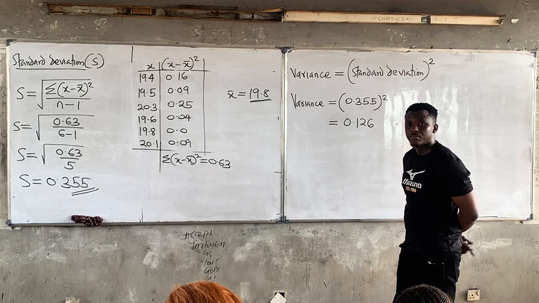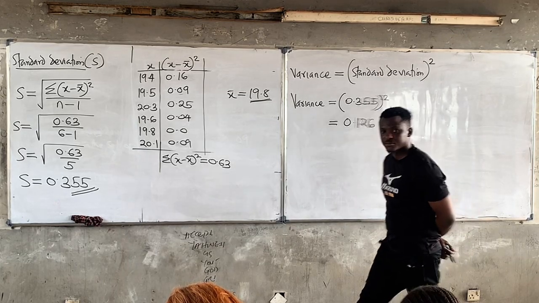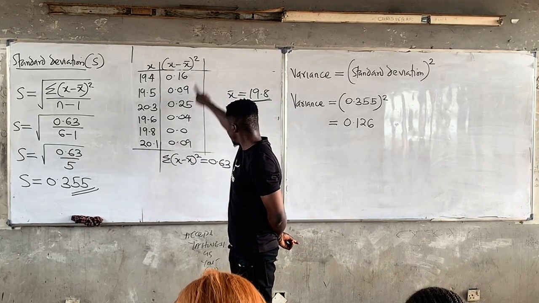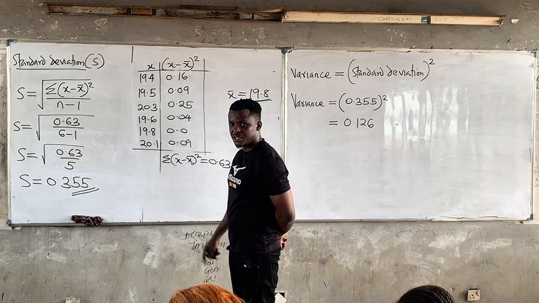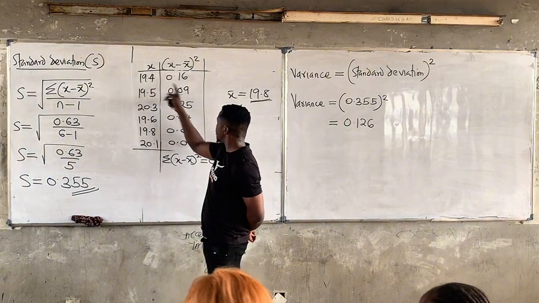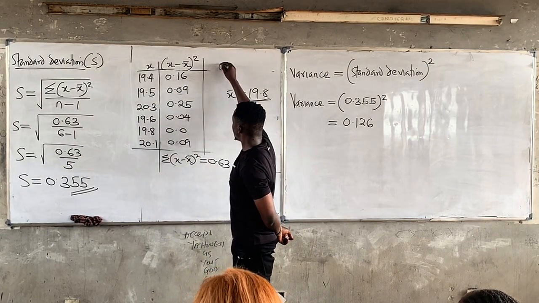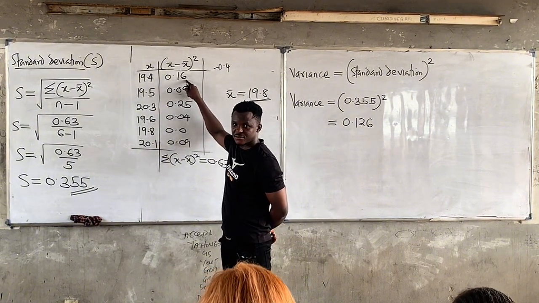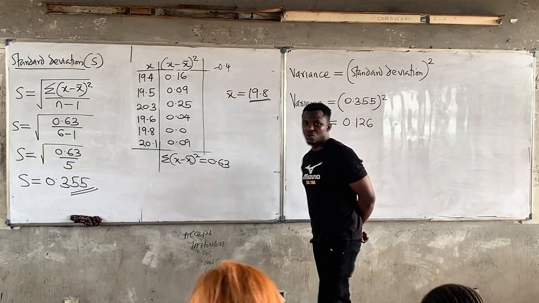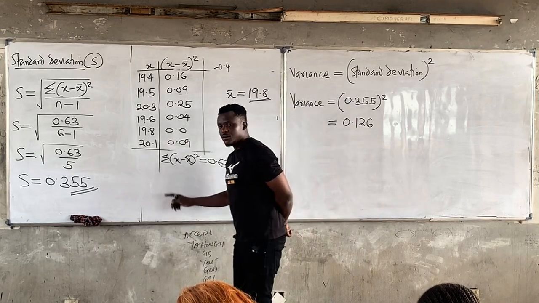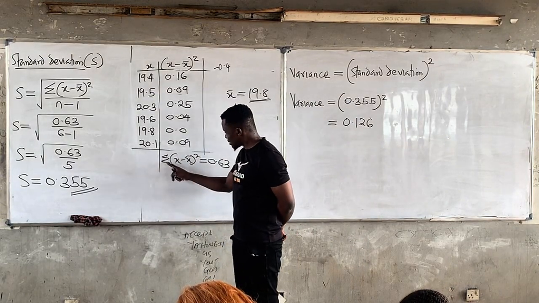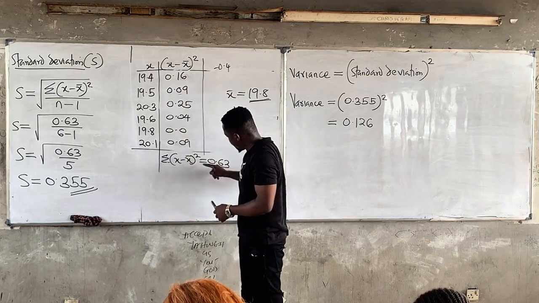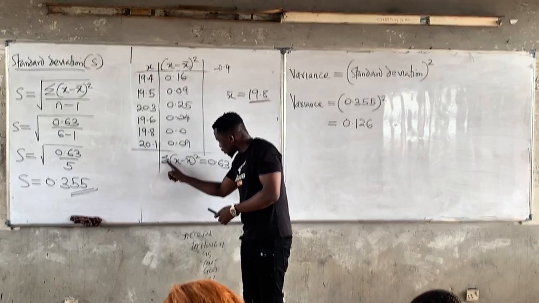Teacher, I have a question. In this place, I know when to square this one to get the answer. Yes. This one, when it's squared, it's already squared. These values are the squares. 19.4 minus 19.8 is minus 0.4. When you square this, they have differences. We already squared it. This symbol means solve.